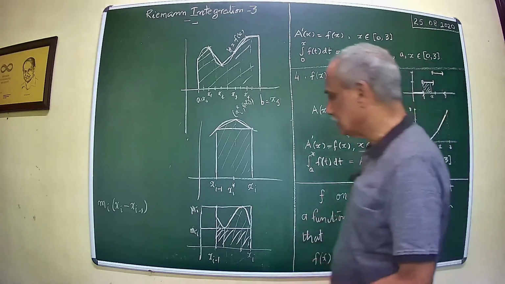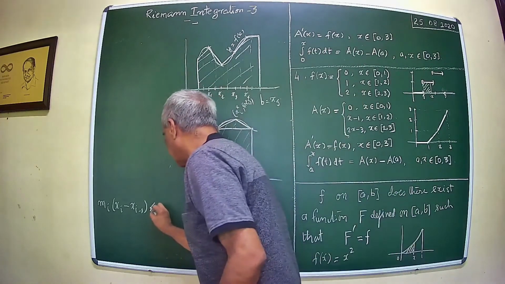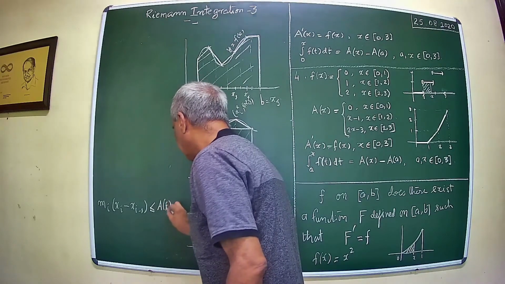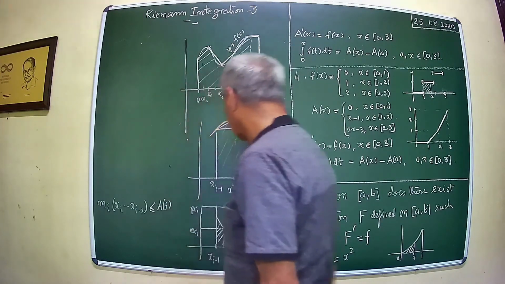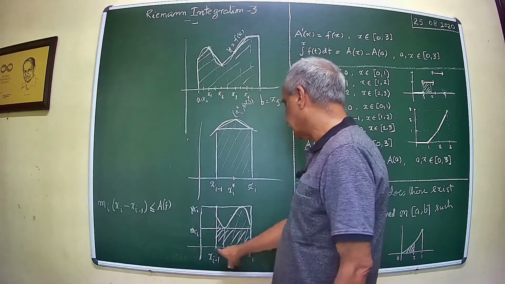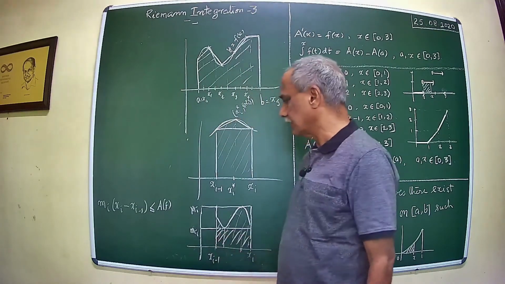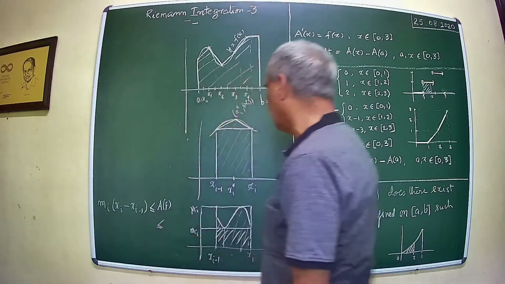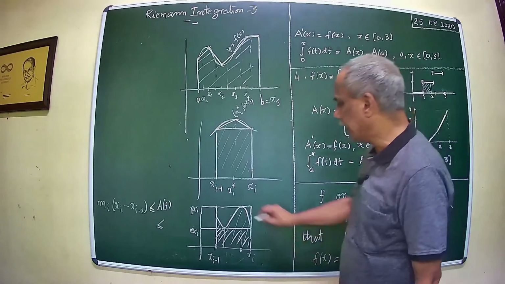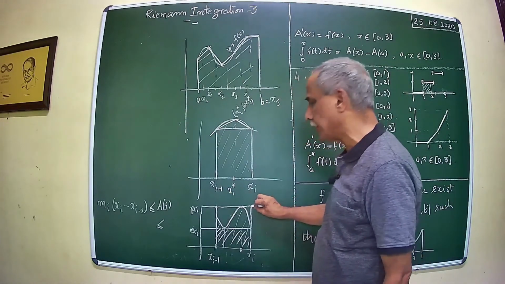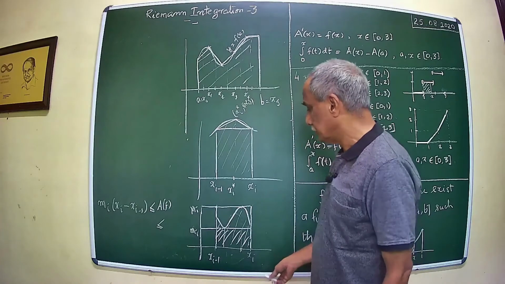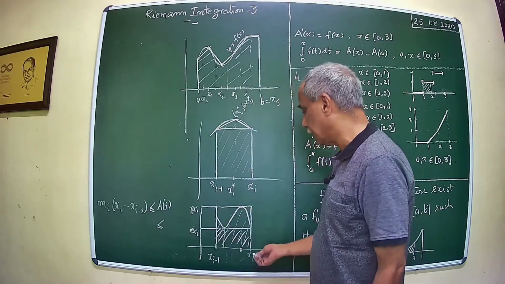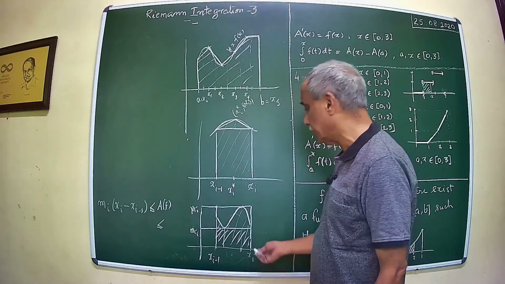Now you see that this area is less than or equal to the area of f under the curve between x(i-1) and x(i), and this is also less than or equal to the area enclosed between y equal to capital Mi and the x-axis with ordinates taken at x equal to x(i-1) and x equal to x(i).